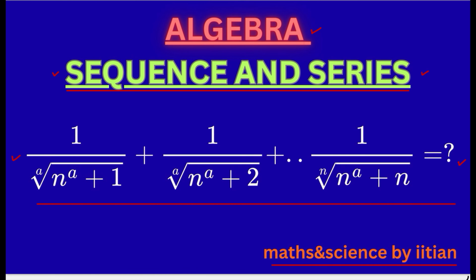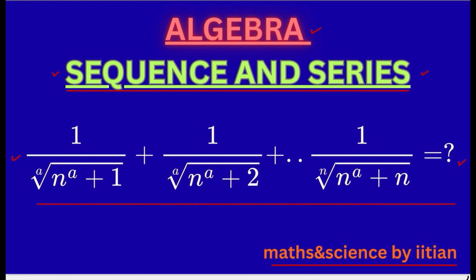What is the problem? 1 by the a-th root of n to the power of a plus 1, plus 1 by the a-th root of n to the power of a plus 2, plus up to 1 by the a-th root of n to the power of a plus n.